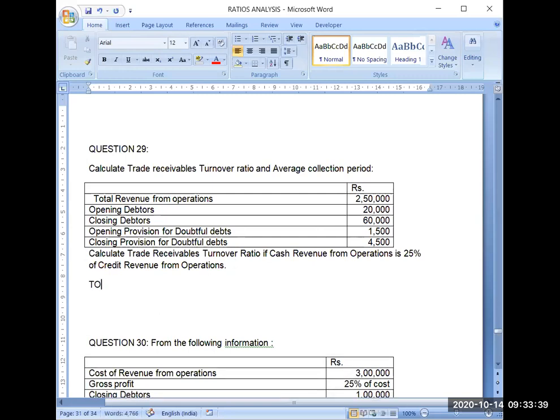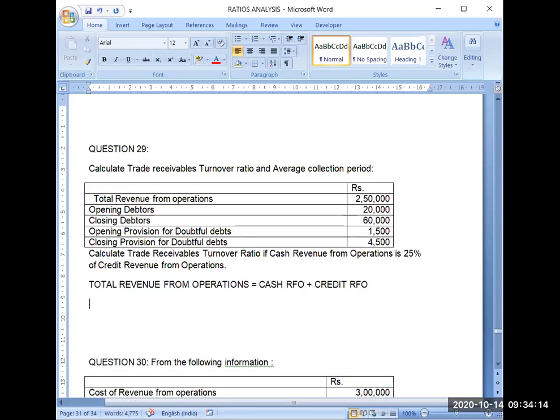First, I will write this formula so that you will be able to judge: total revenue from operations is equal to cash revenue from operations plus credit revenue from operations. So there will be two components. Now 25% of total revenue from operations is not given in this question, otherwise I would have calculated it easily.